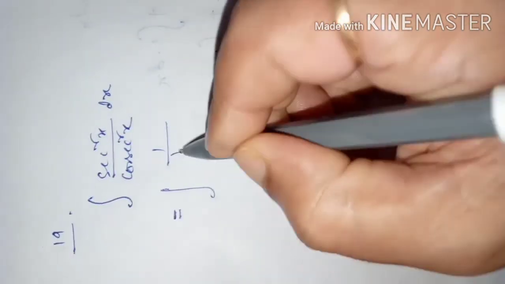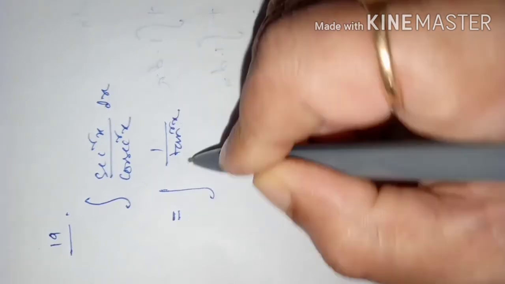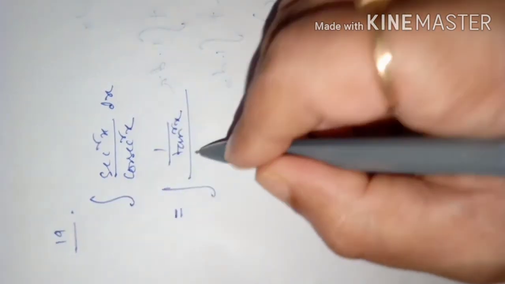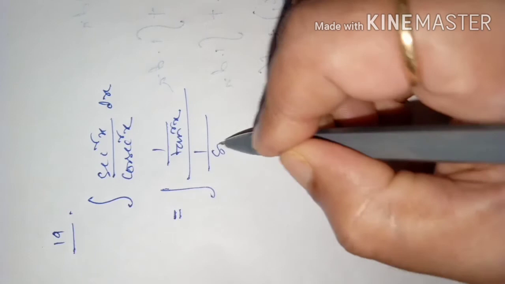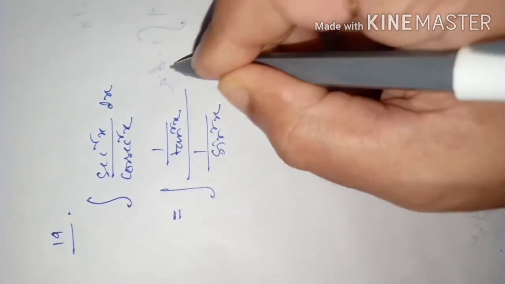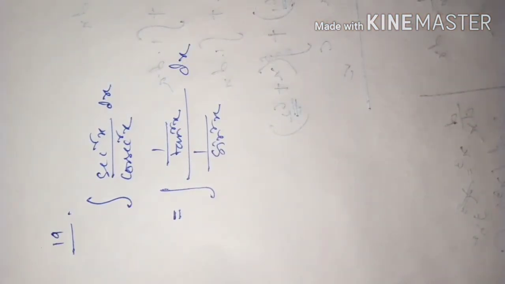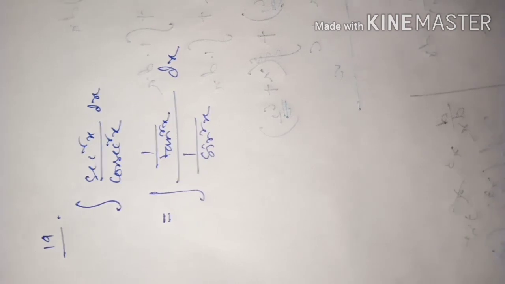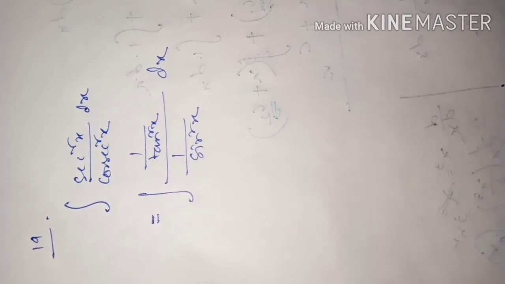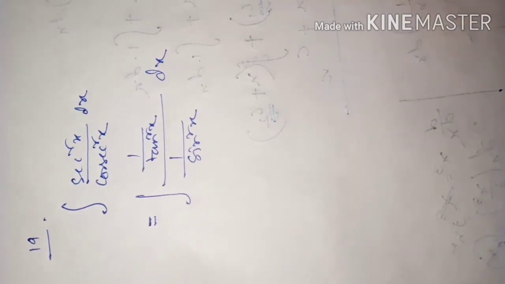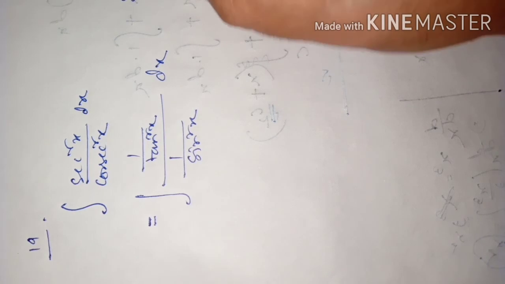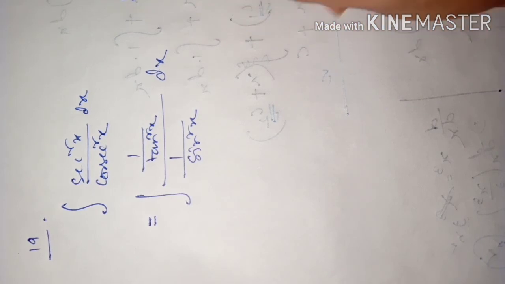Cosec square can be written as 1 by sin square dx, because anyhow we are trying to convert the given expression into a standard form. Standard form means a form whose derivative we know, which is a derivative of a function.